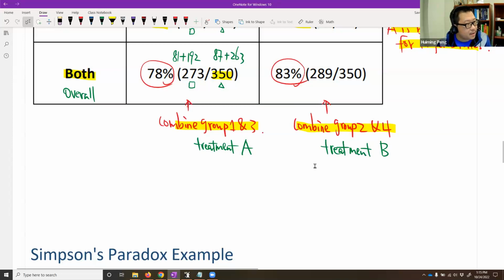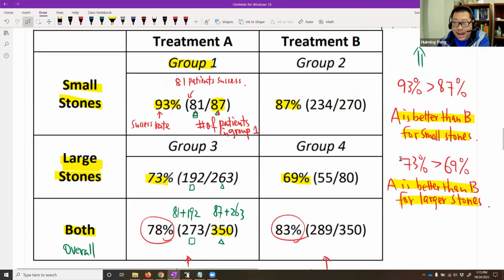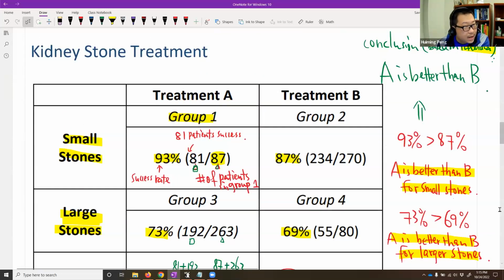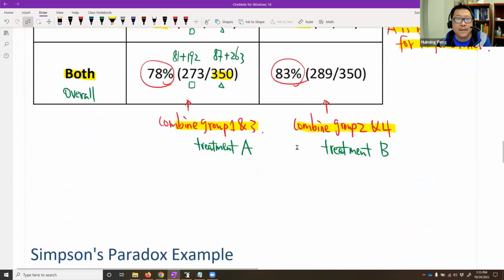But this time, the pattern in the individual data disappears, right? Is the pattern in the individual part disappeared? Definitely. And if you look at the individual data, treatment A is better. But if I look at the compound, now treatment B is better.